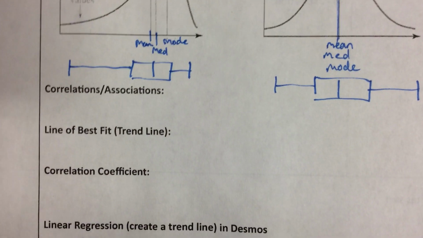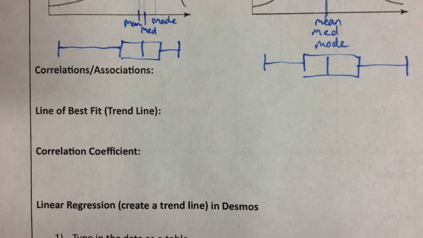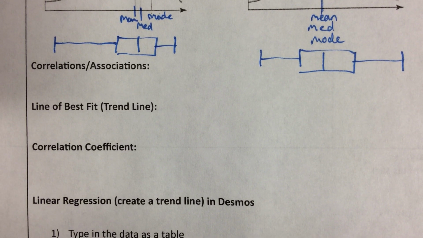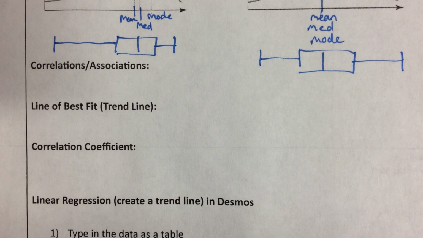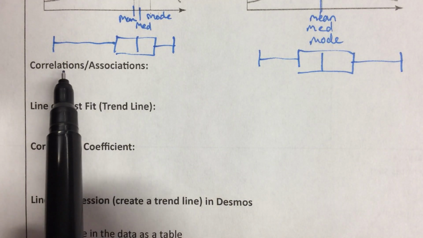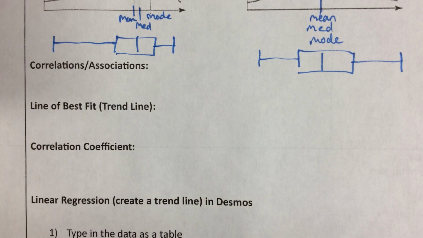All right, the next thing is going to deal more with dot plots. Okay, so when you see a dot plot or a scatter plot, what it looks like can tell you a little about how things are related. So two words you might see, correlation or association.